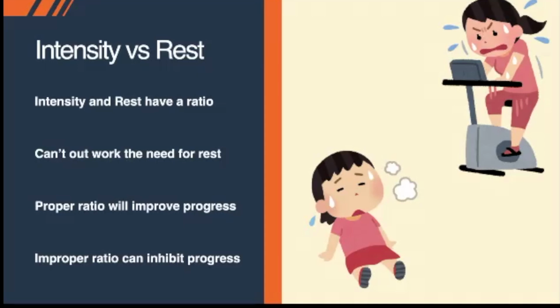Know that proper ratio as far as intensity and rest will improve and optimize progress, and an improper ratio will essentially inhibit progress. Let's say you're trying to improve your VO2 max, but you're not resting enough in between bouts of activity. That means you're less likely to hit your target zone. For example, improving your VO2 max is often zone five, right?